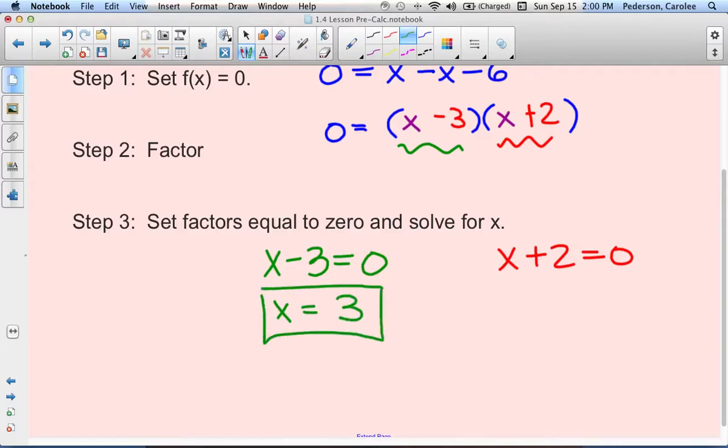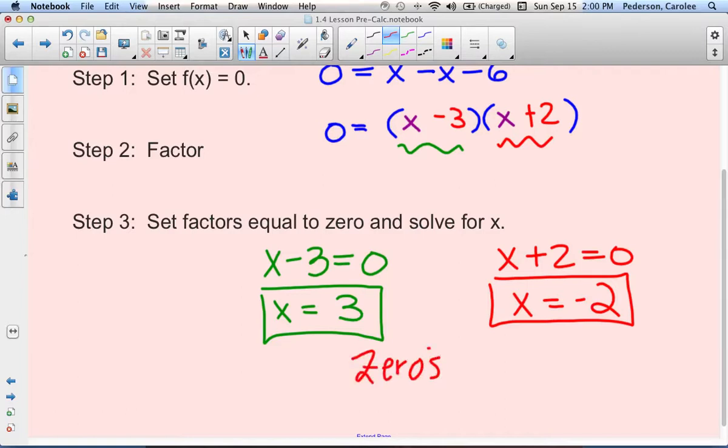So one of the zeros is x equals 3. The red equation, I want to subtract 2 from both sides. So there's the second solution to this equation. Those are what we call the zeros of the function.